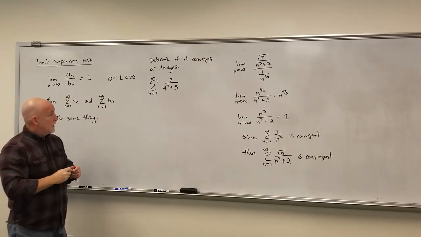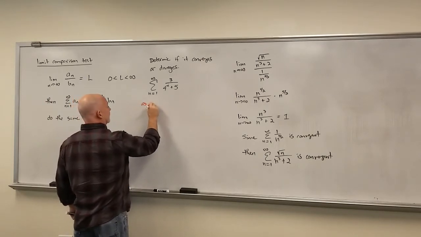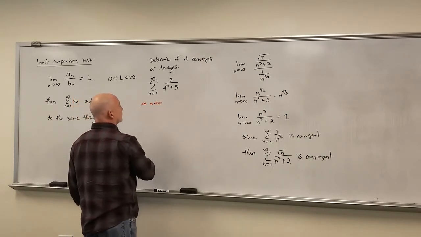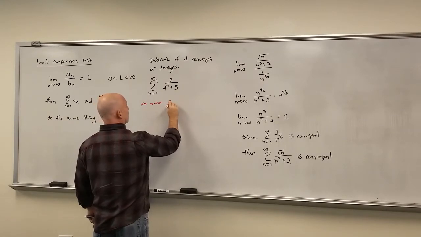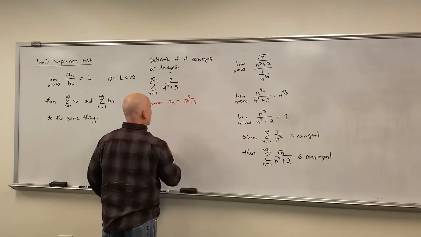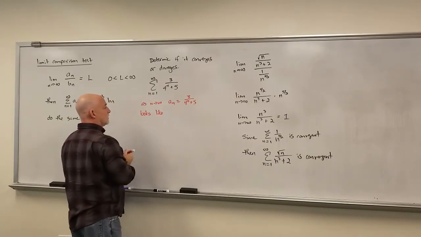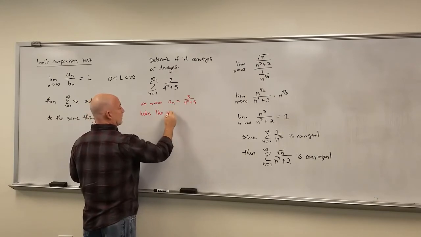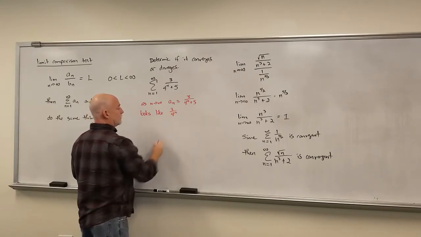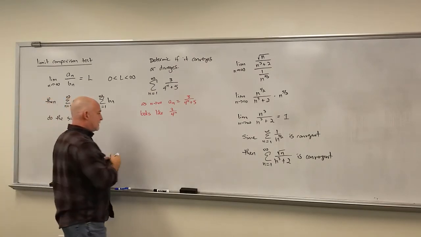Well, as always, let's take a look. As n goes to infinity, our a sub n, which we're calling 3 over 4 to the n plus 5, looks like, well, it could be 3 over 4 to the n.